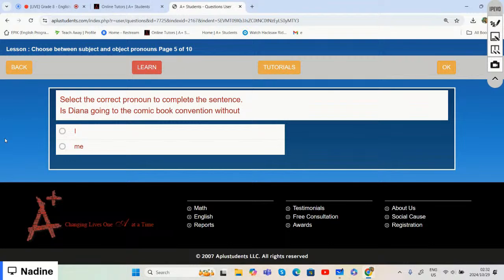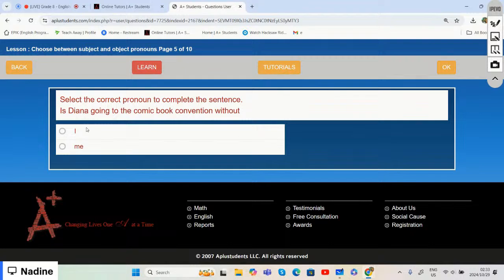All right. So if we were to choose the correct one, we need to select the correct pronoun to complete the sentence.